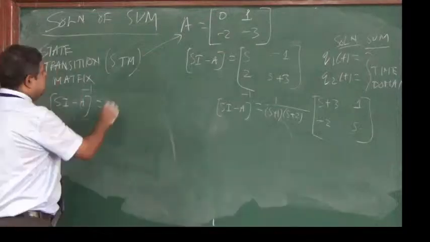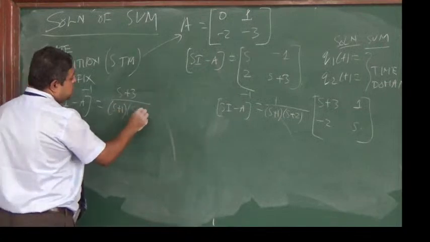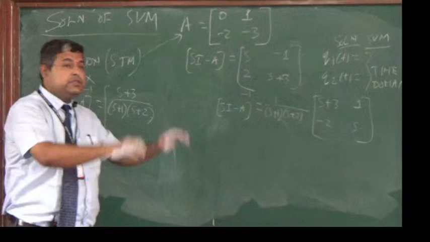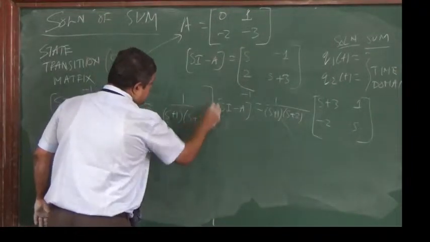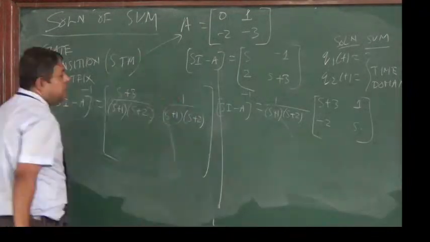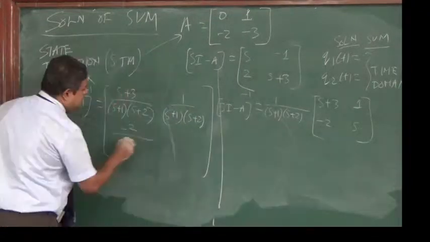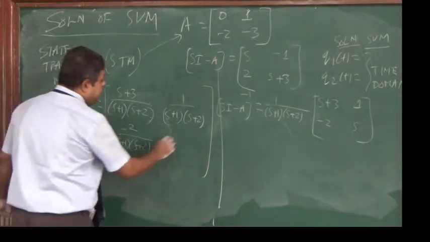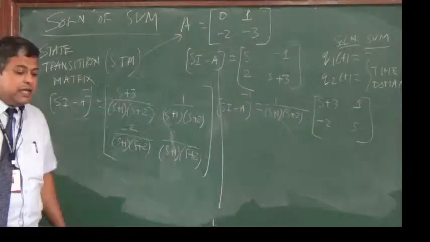So the determinant we are trying to push inside the matrix. So this is 1 by (s plus 1), (s plus 2), and then this is minus 2 by (s plus 1) and (s plus 2), and the last is s by (s plus 2), like this. Okay, so again let's have a recap.